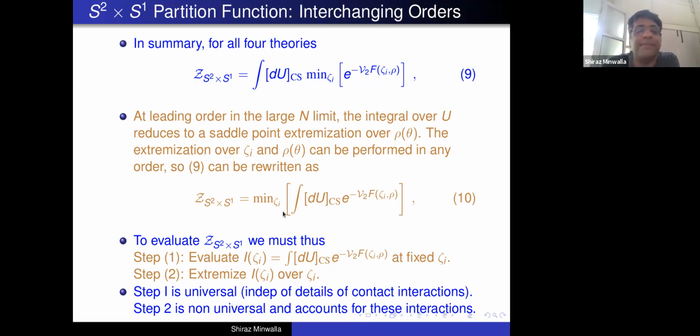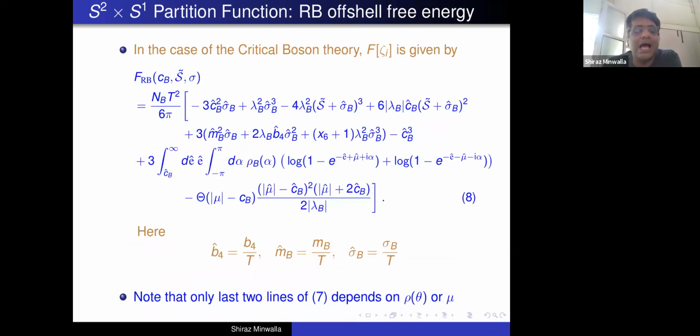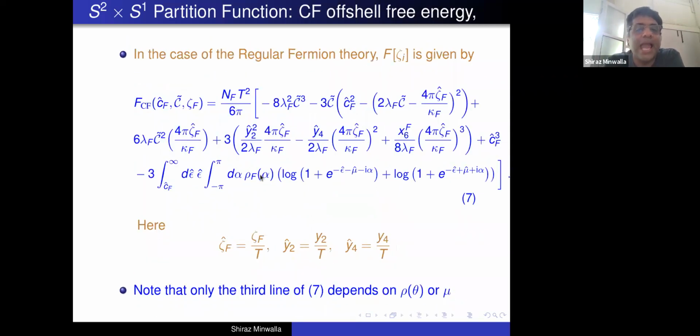Extremize over the auxiliary parameters of the integral over U of this quantity. Now, what's the advantage of this maneuver? The advantage was that, though you hardly had the time to see it, the part of this free energy that depended on U, on these eigenvalue density functions, all appeared in these universal lower lines here. And that was the simple part of the theory.